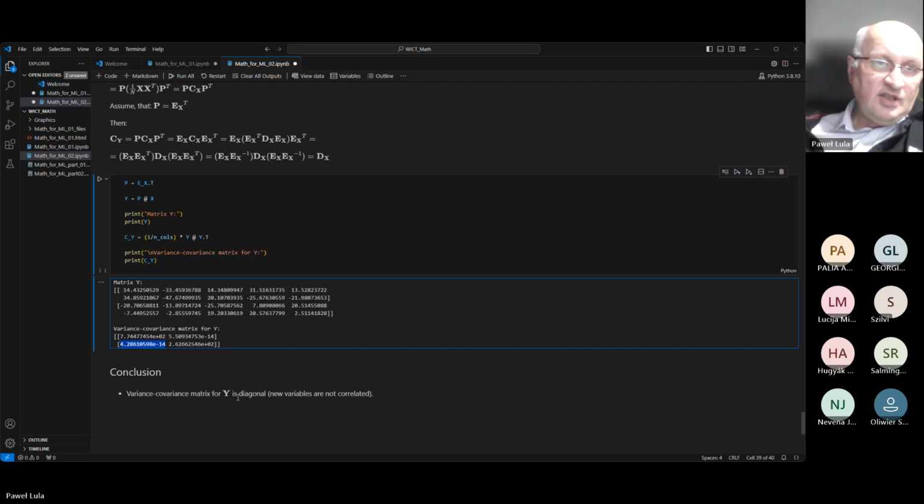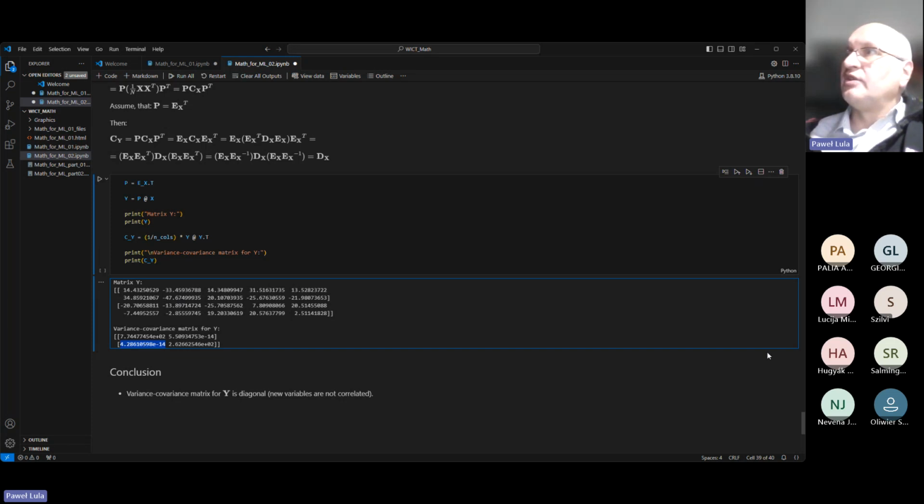First, we find directions which assure the maximization of variance. And second, we find directions for which covariances are equal to 0. And all these elements are very, very important when we are talking about principal component analysis.